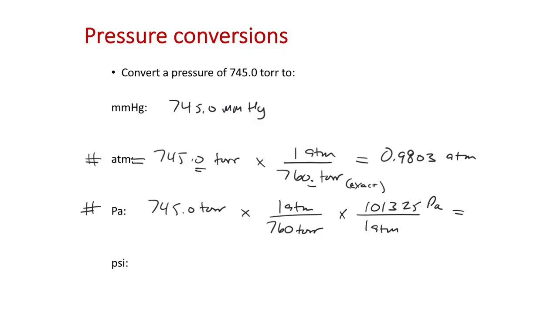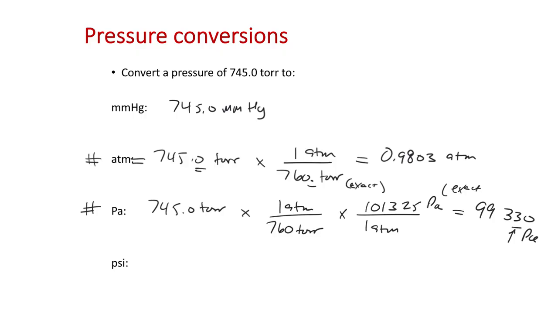So I get 99,330 to 4 sig figs. And again, this is an exact conversion too. Sig figs always annoy the conversation, but if we had 7 placeholders in our torr value, we'd keep all 7 because the 101,325 is an exact conversion.